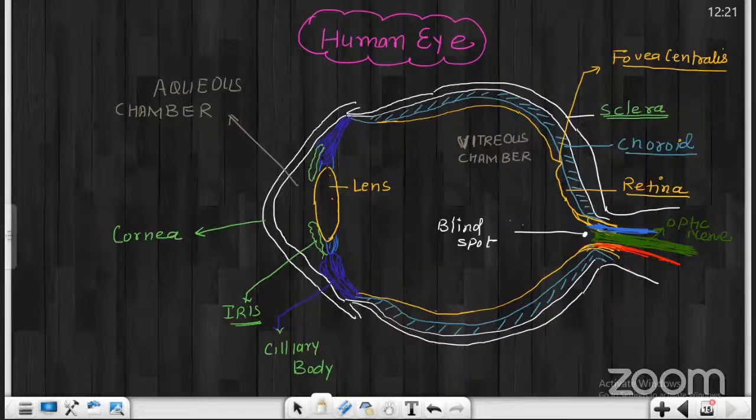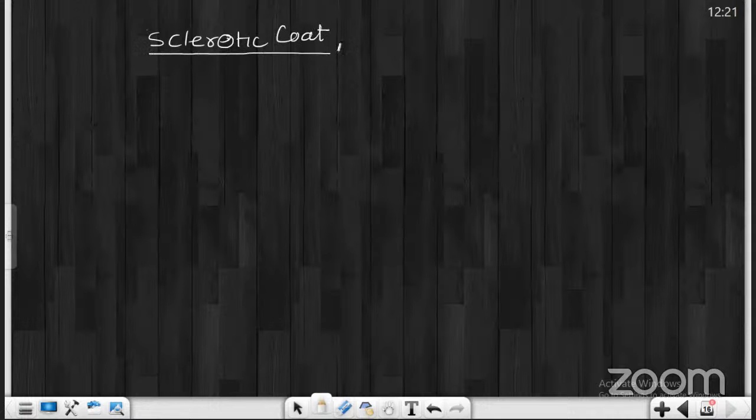See, तो starting with the sclerotic coat, which is called as fibrous tunic, means it's fibrous in nature, so we call it fibrous tunic. Tunic means layer.